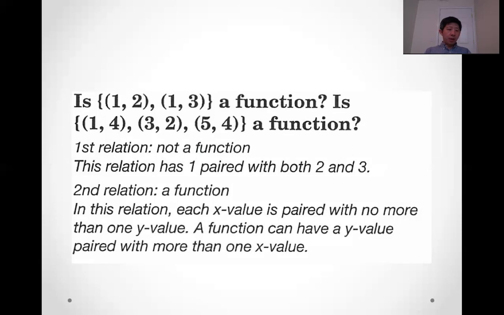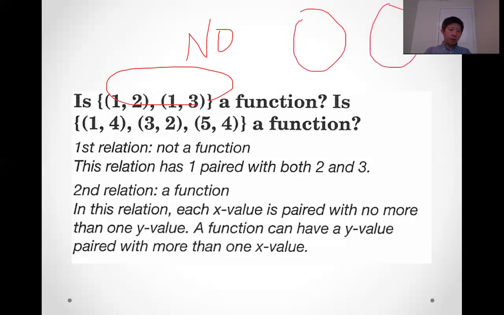Why? If I draw the domain and range, this is 1 and this is 2 and this is 3. Look, you have 1 corresponding to 2, and 1 also corresponding to 3.